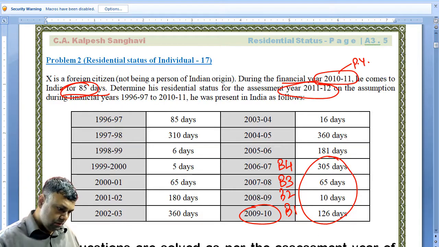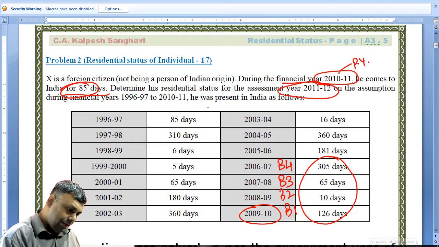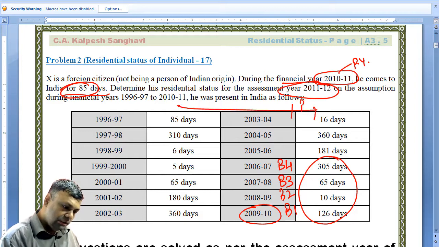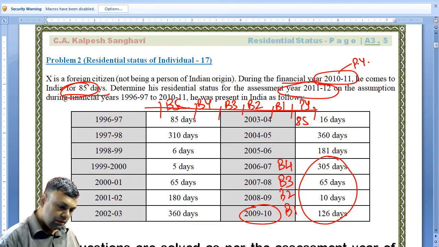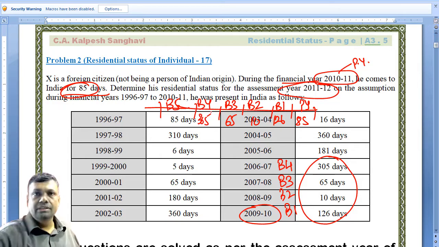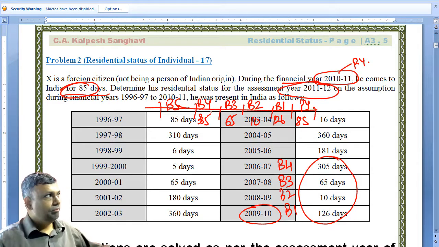So if you put it in your time sequence like this, this is your previous year, 85 days, then before year, before year, and so on. This before year is 126 days stay in India, then 10 days stay in India, then 65 days, then 305 days stay in India, etc. So you do all these calculations before.